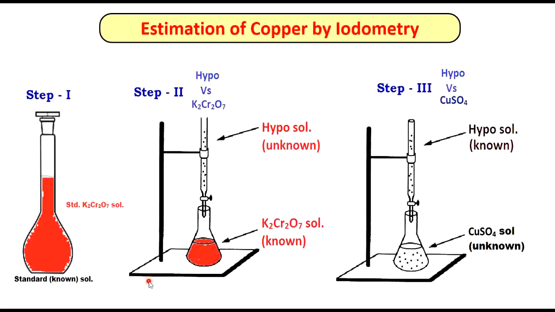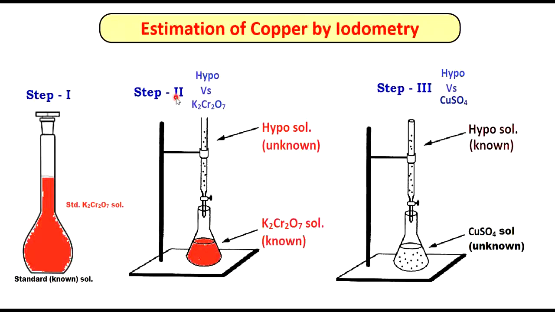So in this experiment, we have 3 steps. In step 1, we will be preparing the primary standard solution, that is standard potassium dichromate solution. Then in the second step, we will titrate the hypo solution with potassium dichromate solution. In this step, hypo solution is the unknown solution and potassium dichromate solution is the standard solution.